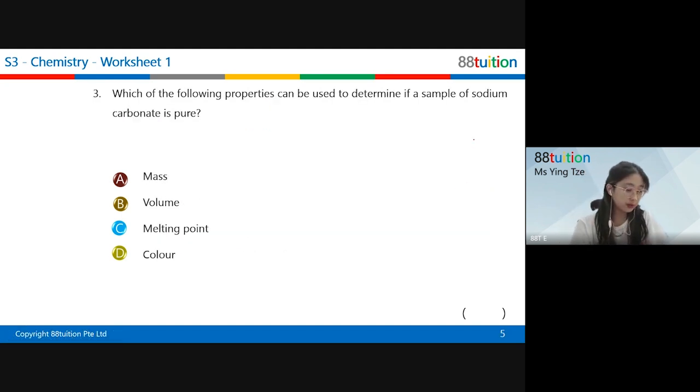Which of the following properties can be used to determine if a sample of sodium carbonate is pure? How do we determine purity? Pure means that it is not a mixture of two different things. There is no impurity mixed inside.